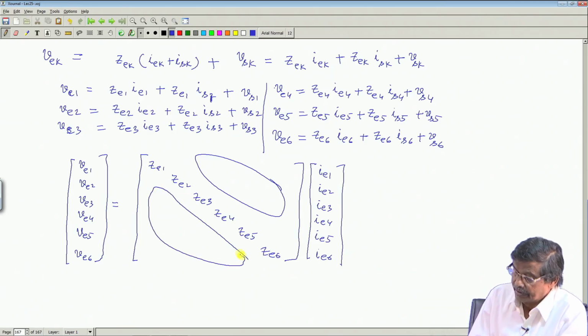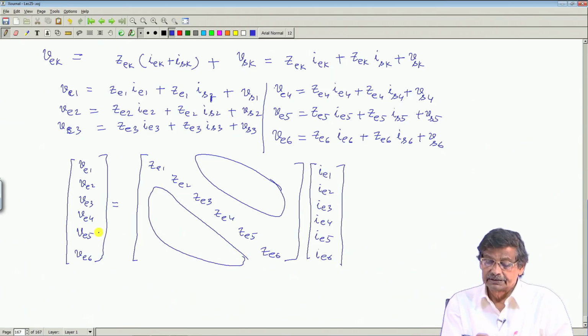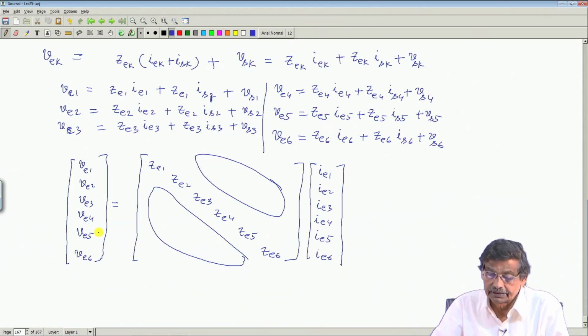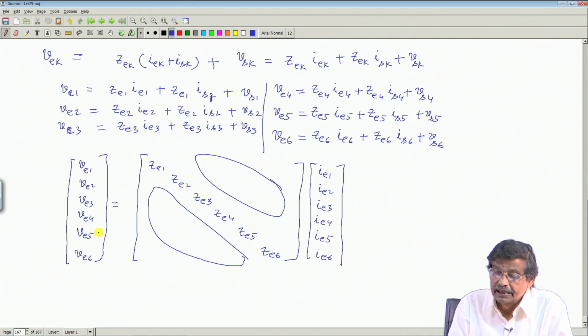It is a diagonal matrix in which the diagonal elements are nothing but the impedances of the several branches, and this is the elemental voltage.